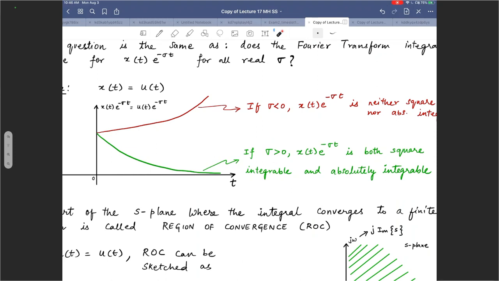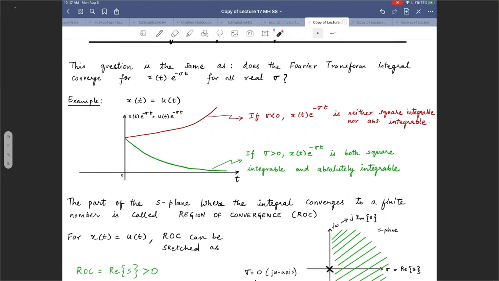So in the red case, you have e to the minus negative value for sigma t, which essentially makes it e to the 5t, 10t, right? So essentially that makes it increase exponentially with time. And hence the color choice of red, danger, is not going to converge. It is going to grow, explode with time, right?